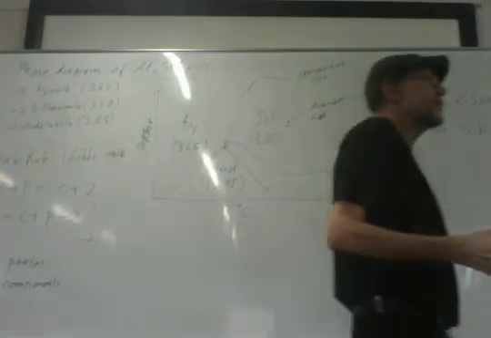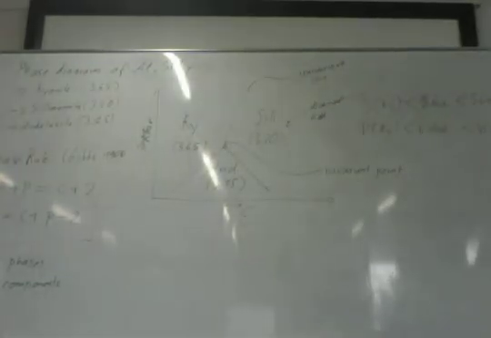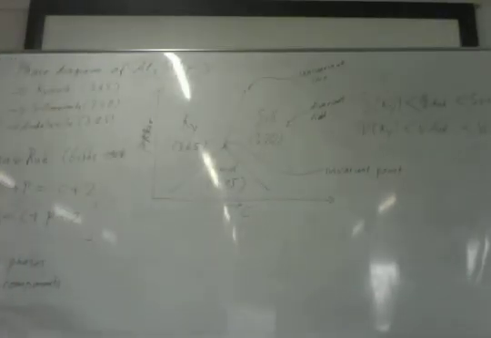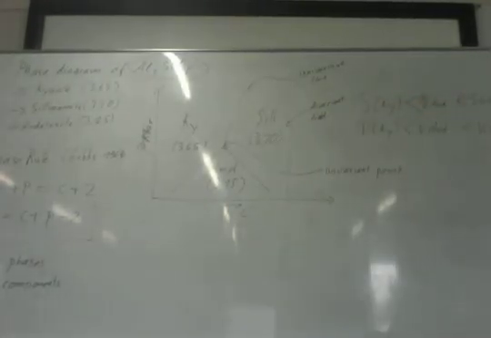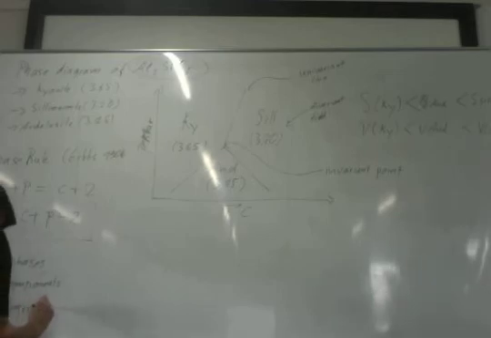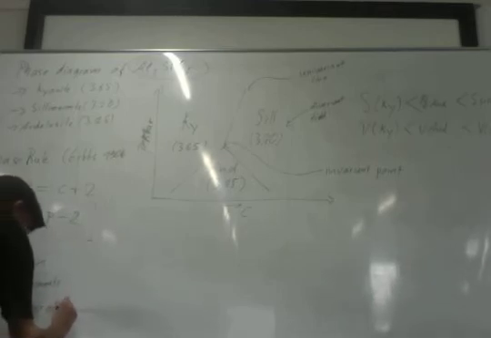How many components do you have? 3, yeah. Then you have the next one, that is F. And what does F mean now? F is the degrees of freedom.